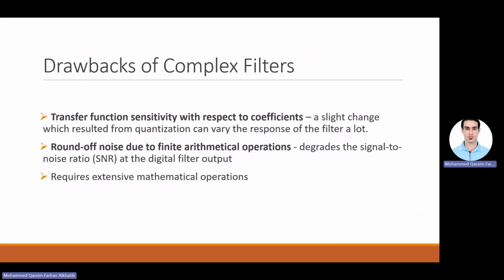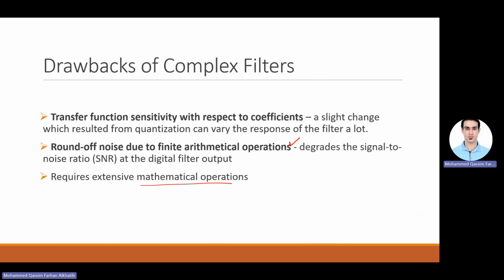One major challenge for complex filters is that dealing with complex values is not as straightforward as real numbers. It comes with a computational cost, with more mathematical operations. That's the main disadvantage here. Another disadvantage is round-off noise due to finite arithmetic operations. Actually, this is everywhere.